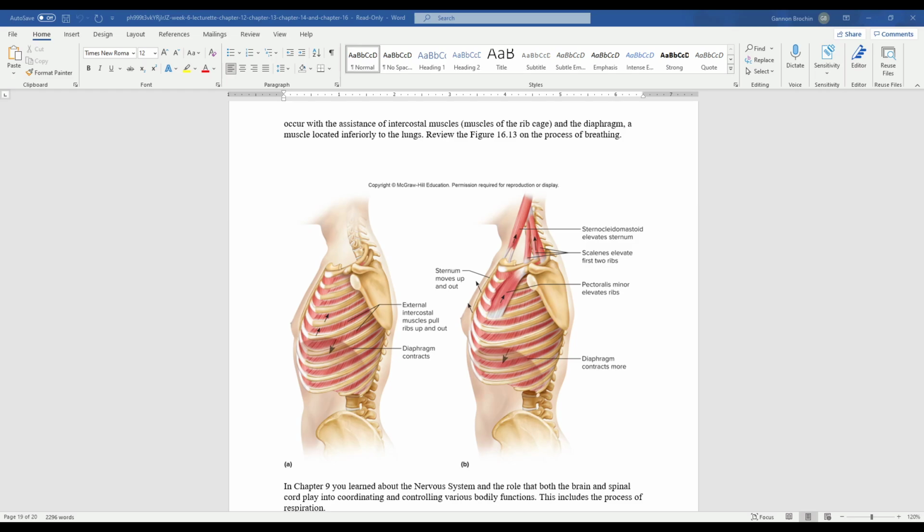Okay? So it's going to help decrease volume. And then we have abdominal wall muscles that will also squeeze and pressure-wise force the diaphragm further up, which is going to reduce thoracic cavity space and less air in the lung.